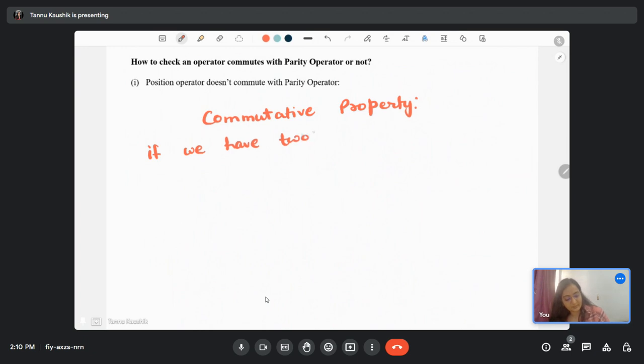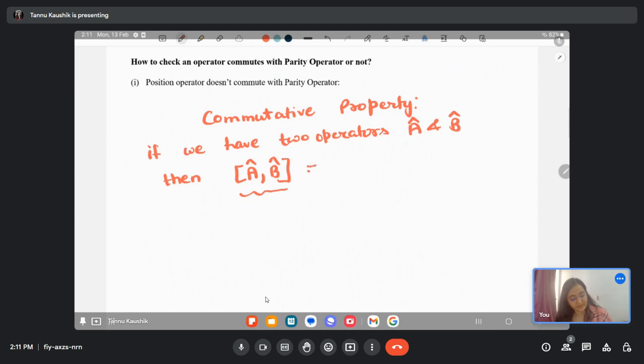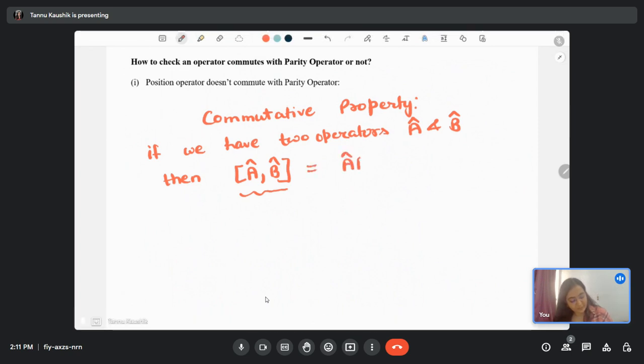So this says if we have two operators A and B, then the representation of this commutator is like this.